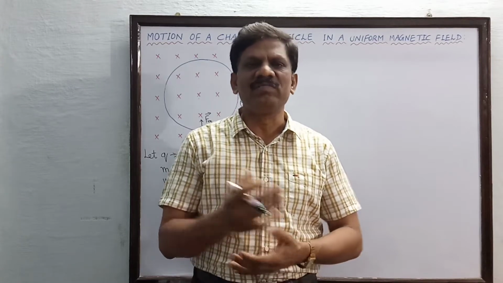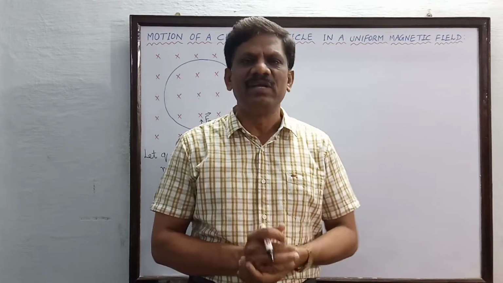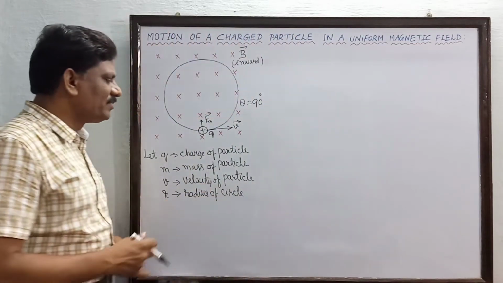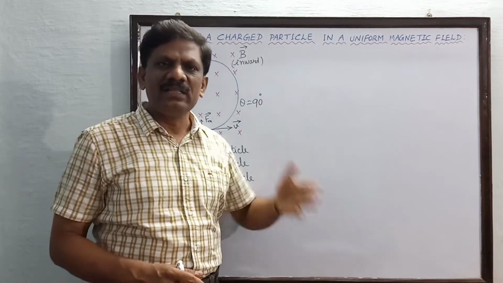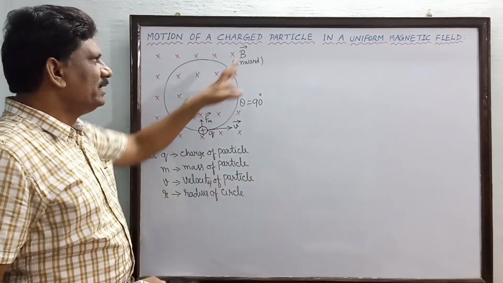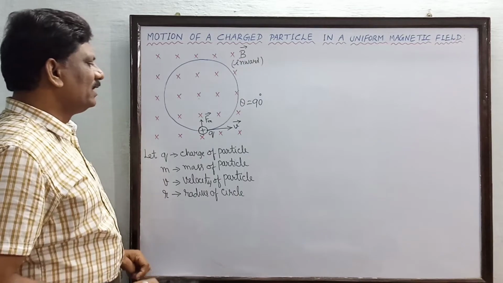Then the reciprocal of the time period is called the frequency of revolution. Okay, so we are going to derive expressions for the time period and the frequency of revolution of the charged particle inside a uniform magnetic field.